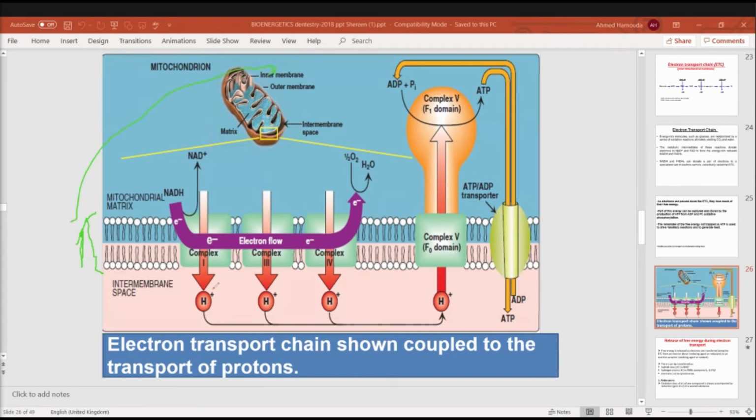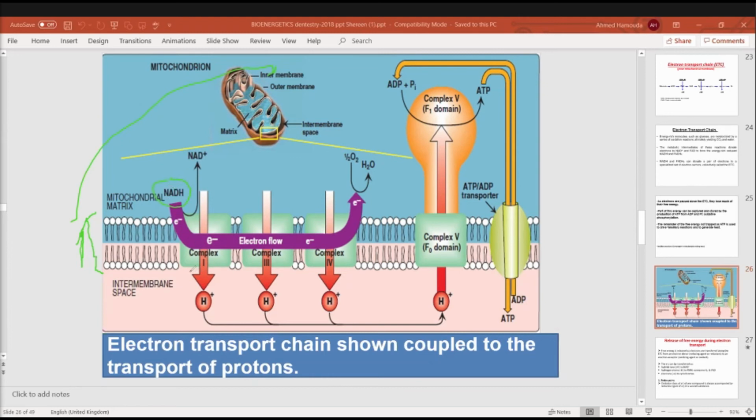When you eat food, it becomes acetyl-CoA in the Krebs cycle. NAD and FAD will carry electrons and then come here to give the electrons. As you can see, this is our NAD that carries a lot of energy in the electrons.